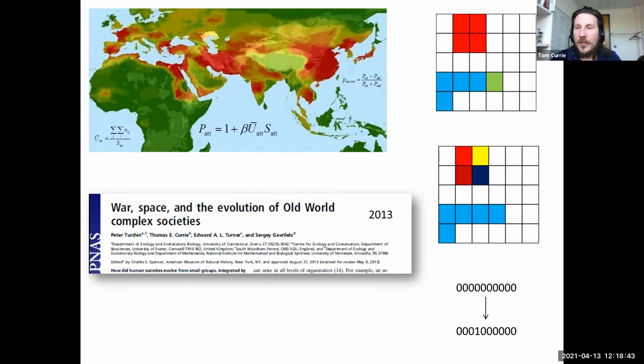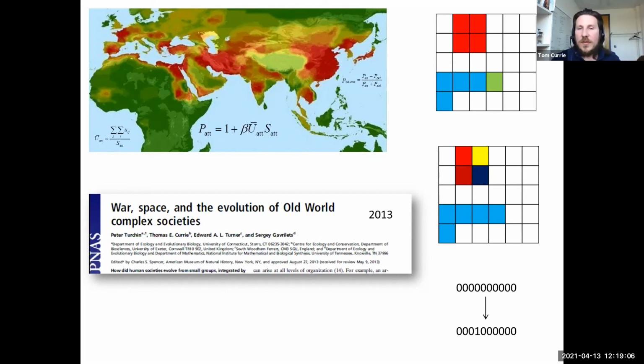We allowed our societies to develop these traits. If they became present, they were represented as 1, and if they were absent, they were 0. A feature of the model is that it was much easier to lose these traits than it was to develop them.